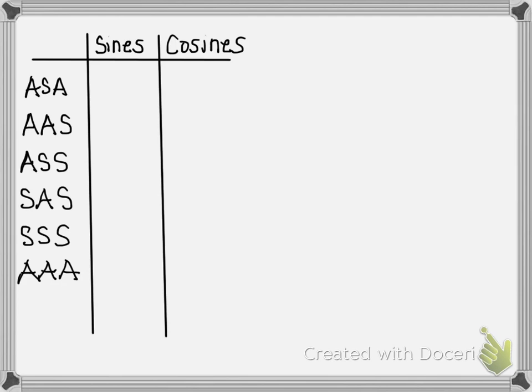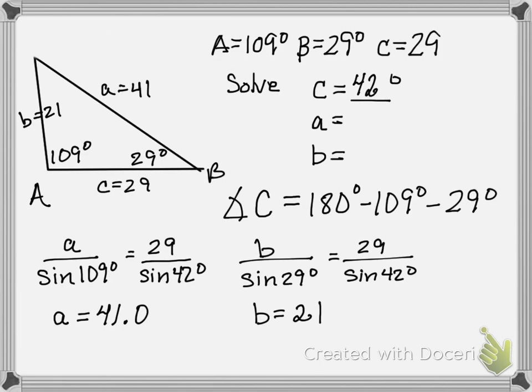Oh, actually, before I do that, let's take a look at this idea of getting three pieces of information. Here in this problem, I was given an angle, a second angle, and this side here. So I was given an angle, a side, and an angle. ASA.